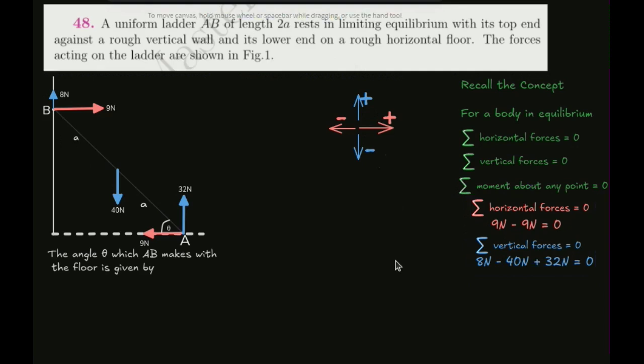Then our last condition is to check the sum of moments about any point. Let us recall first what a moment of a force is. Basically, the moment of a force is the turning effect produced by that force acting on an object about a pivot.